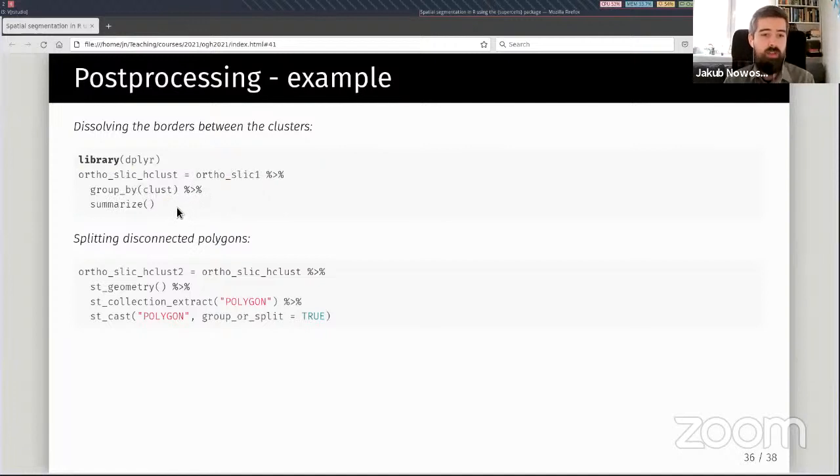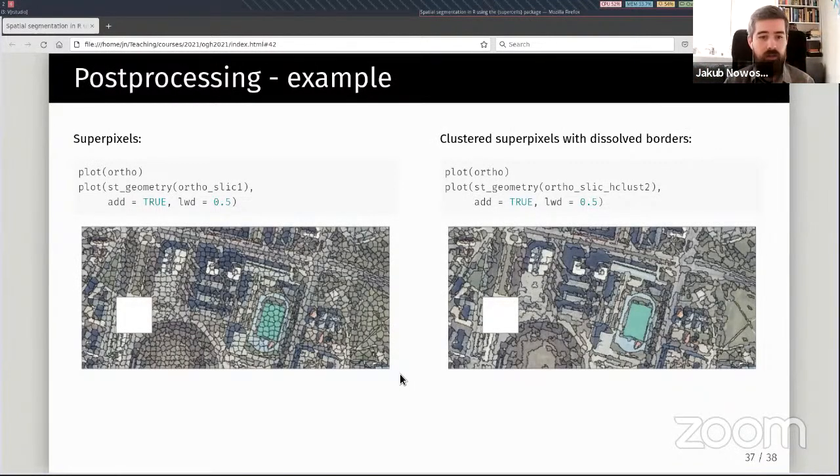So instead of having 20 polygons for my field, I have just one. But this could also combine disconnected areas together. And that's why I'm splitting disconnected polygons into separate areas. And here you can compare the original, our first output, so the superpixels.